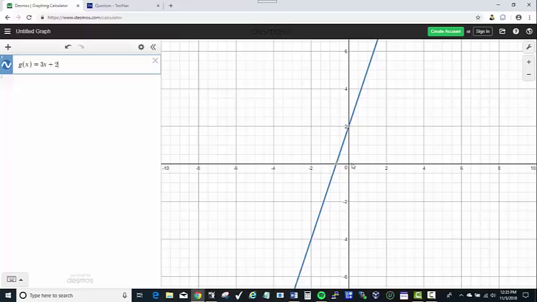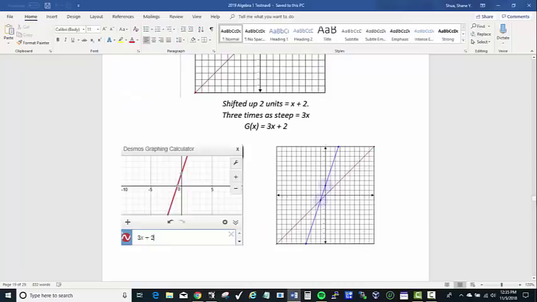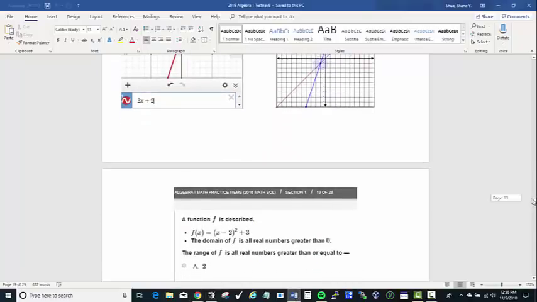You have a point here at 0, 2, and a point here at negative 2/3, 0. It says plot 2 points to create a line that represents g of x. The coordinate points must be integers.